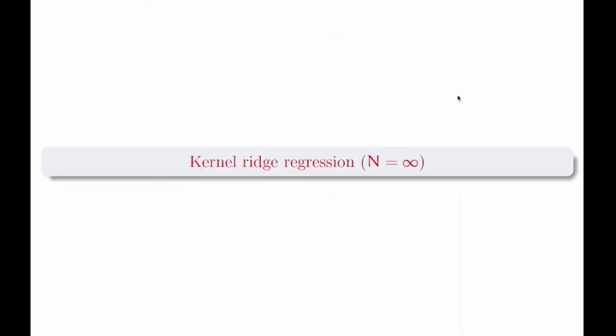So what we did in the last lecture, we looked at the neural tangent model. We remember we were studying two-layer neural networks in the very simplest setting.